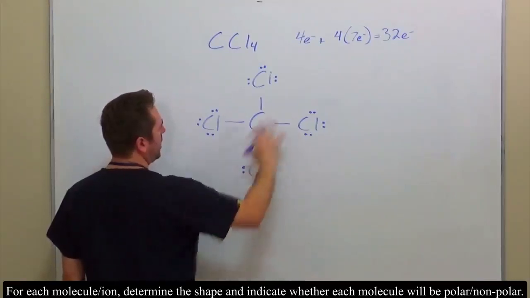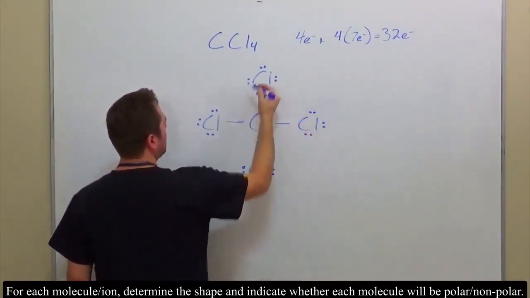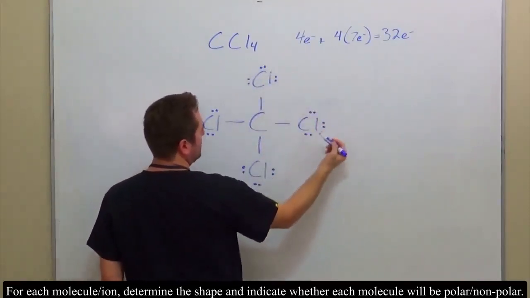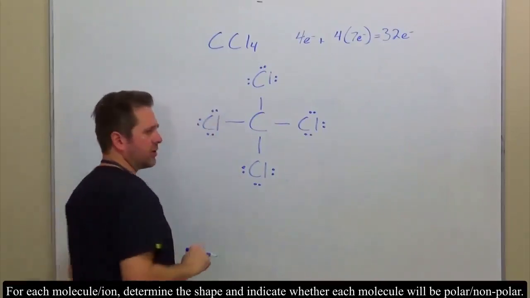All right, the octets are satisfied, so let's go through and count again. 2, 4, 6, 8, 10, 12, 14, 16, 18, 20, 22, 24, 26, 28, 30, 32 electrons.